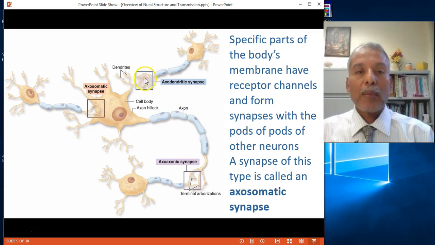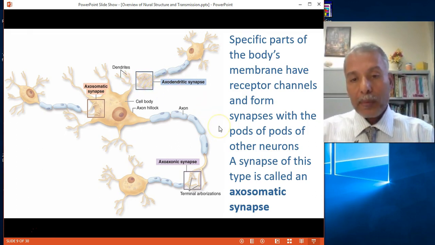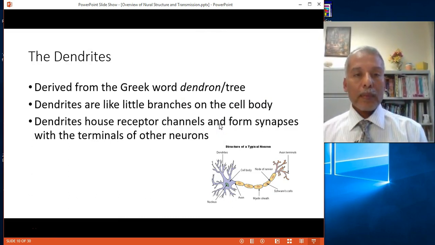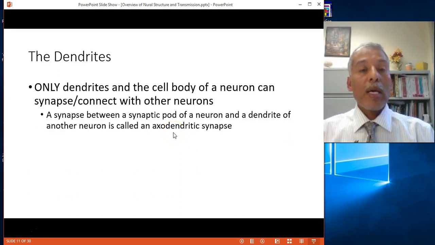So if it is a synapse between a synaptic terminal and a dendrite, it's called axodendritic. I explained what the dendrites are and what they do, so let's move on.